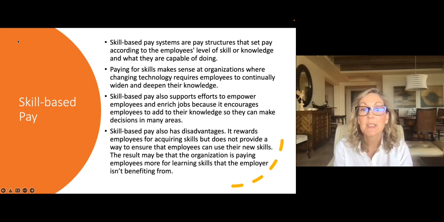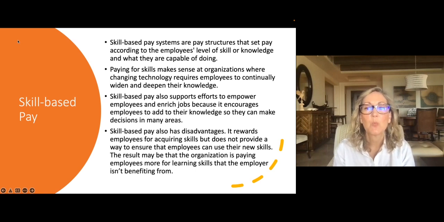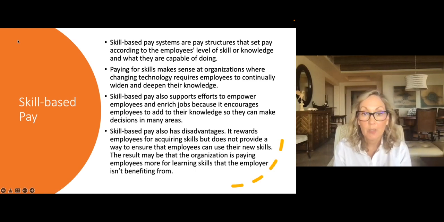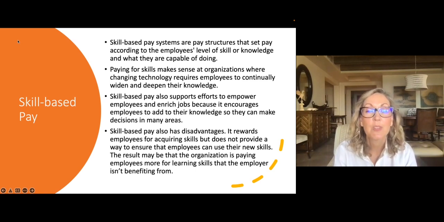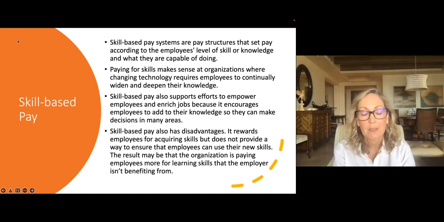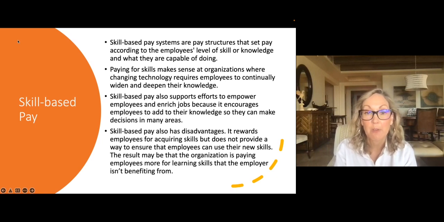And it makes sense at an organization where technology changes all the time, and we want to encourage our employees to continually go out there and learn the new technology, learn the new innovations that are happening, and we'll pay you to keep up to date. You have this skill now, so you get additional pay for that.